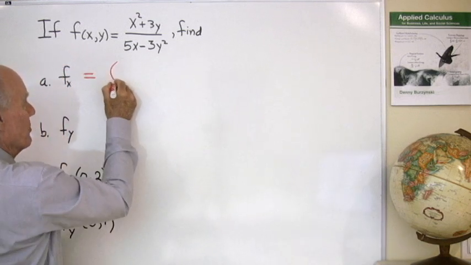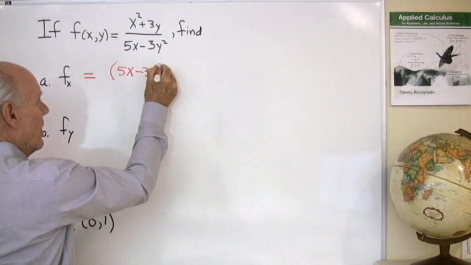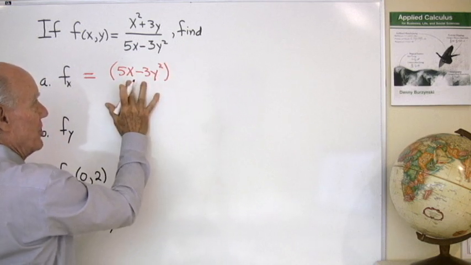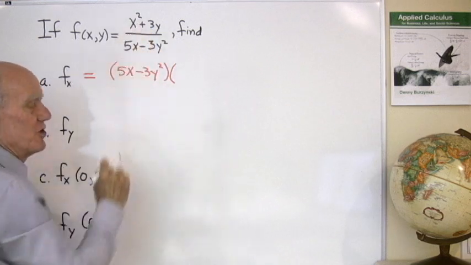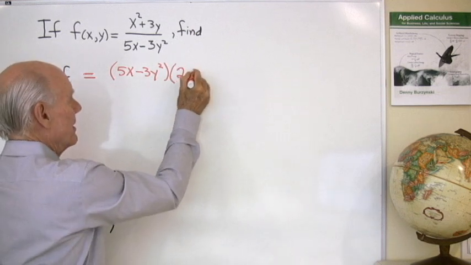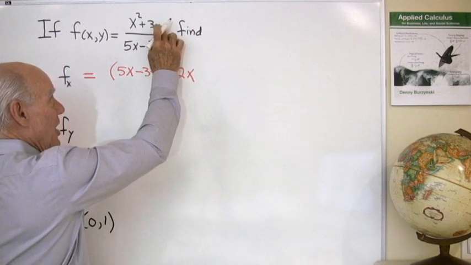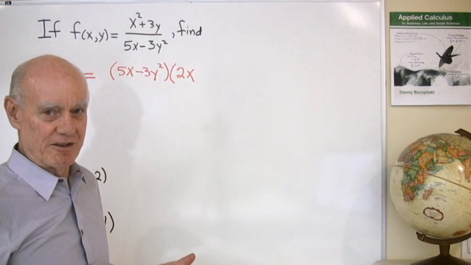By the quotient rule, I'll have the denominator, 5x minus 3y squared, times the derivative of the numerator. When I differentiate x squared with respect to x, I get 2x. I treat y as a constant, so 3y is just a constant itself, and that derivative is 0.